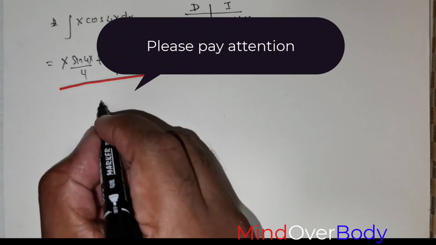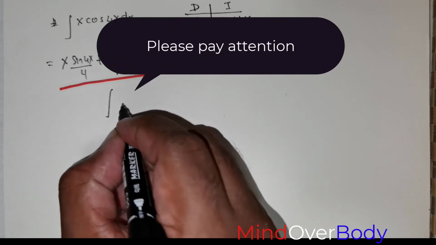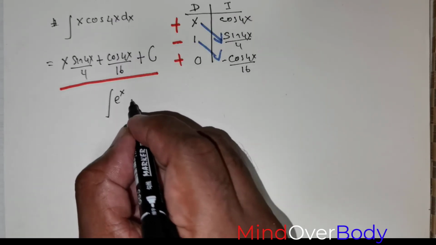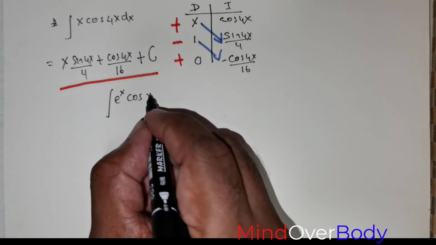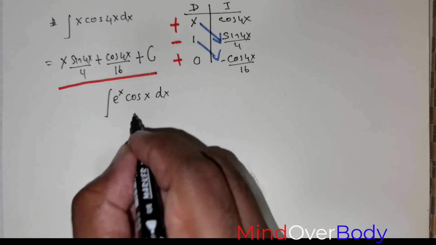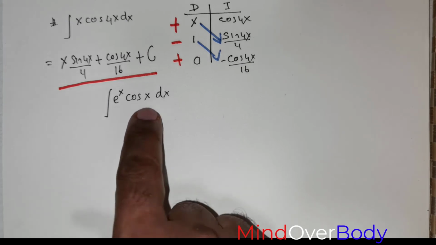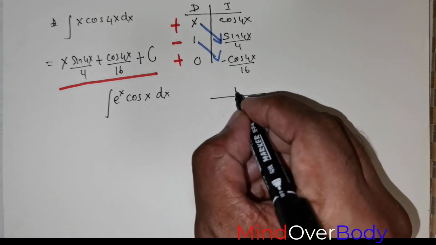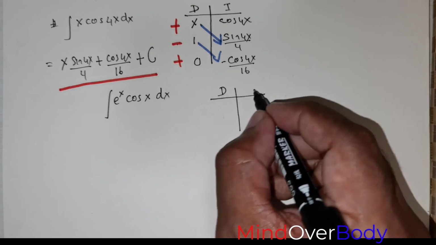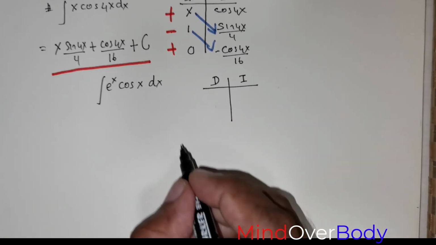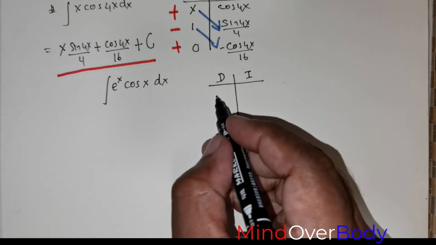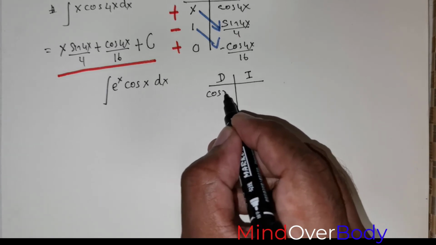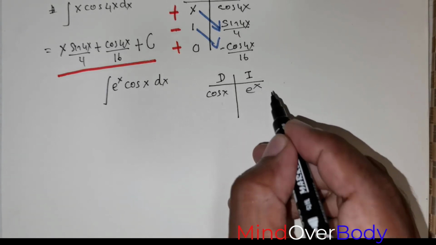Now we are going to get into questions of a special nature involving exponential functions as well as trigonometric functions. So suppose you are expected to integrate a quantity like this. What I would do is I will start with my table D and I. I will take my D to be cos x and my I to be e raised to the power of x.